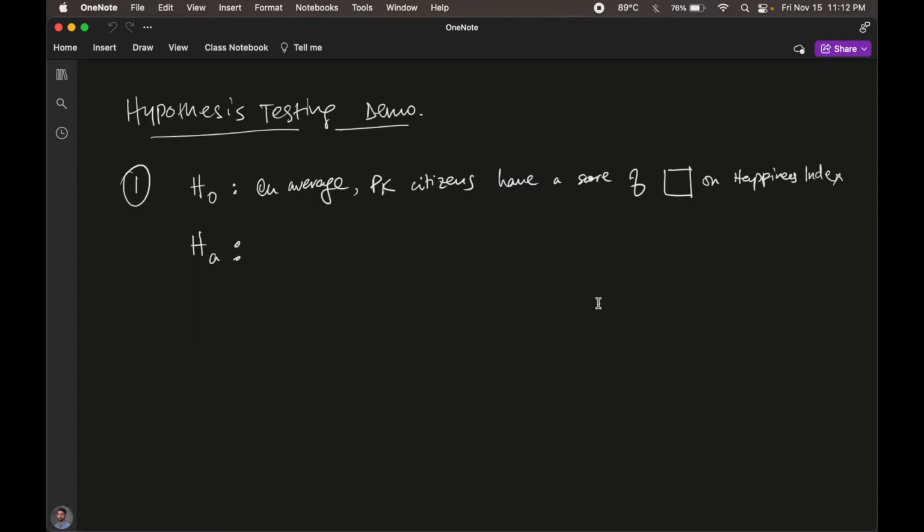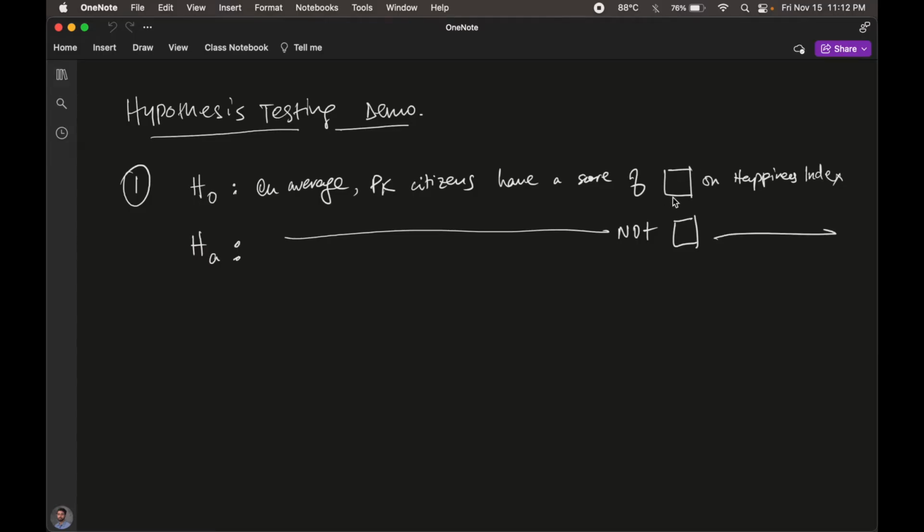And an alternative hypothesis, if we are doing a two-tailed test, would simply be the same statement, but is not this number on happiness index. And the rest of the statement is pretty much the same. That is what makes it a two-tailed hypothesis test.